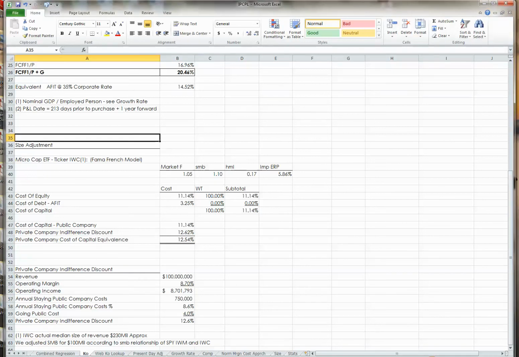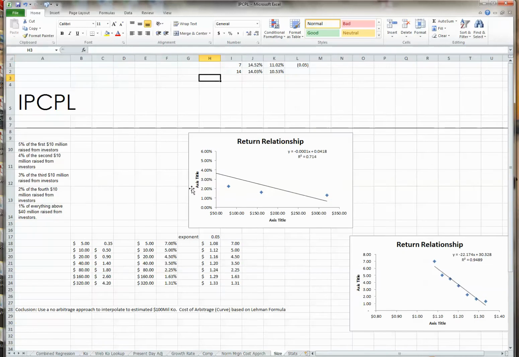So let's go into the size adjustment. And what we do there is we say, okay, so you've got changes in the cost of capital given just changes in size. Well, that sounds like you can arbitrage that by just putting two companies together. Well, putting two companies together costs money. So we said, let's use the Lehman formula to estimate the cost of putting two companies together. It's a sliding scale. As the company gets larger, the Lehman formula charges less as a percentage of the company.